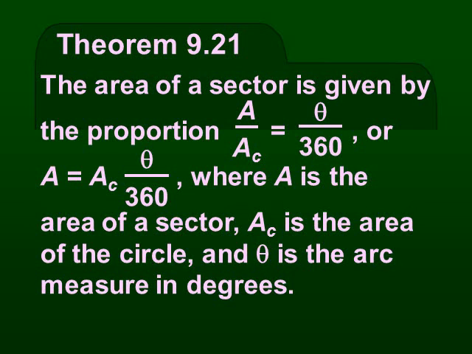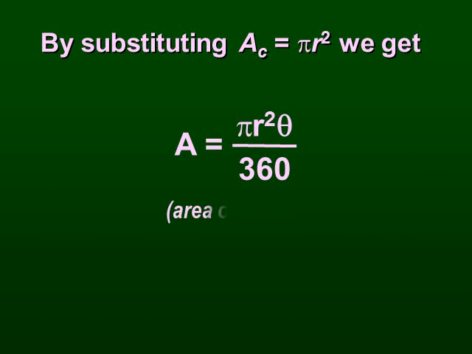We can also do a substitution here to make this a more complete formula. Substituting the area of a circle, which is pi r squared, in for A sub c, we can't simplify this anymore. Pi r squared theta over 360 is the area of the sector.